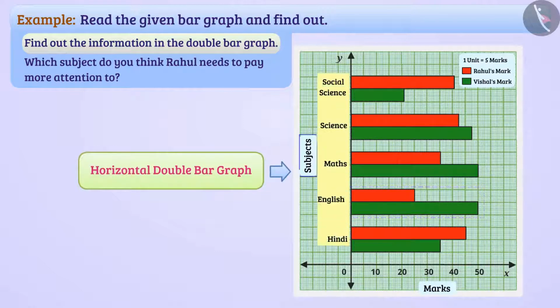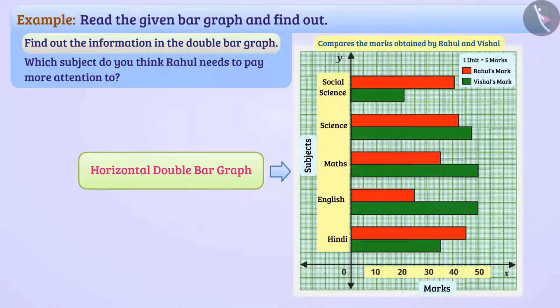Here, names of subjects are shown on the y-axis and the marks are shown on the x-axis. The red color in the pair of bars indicates Rahul's marks and green bars indicates Vishal's marks. Therefore, we can say that this double bar graph compares the marks obtained by Rahul and Vishal in various subjects in an examination.